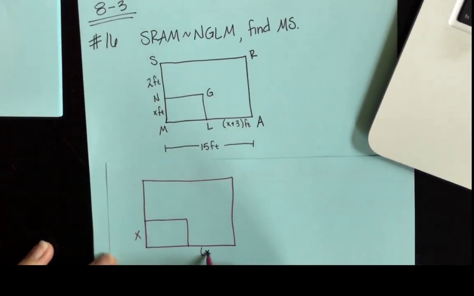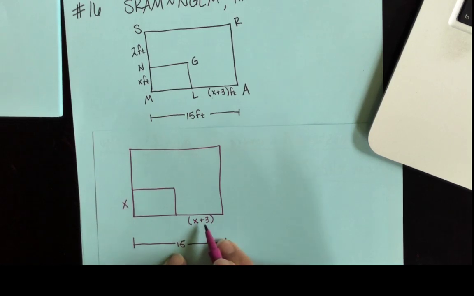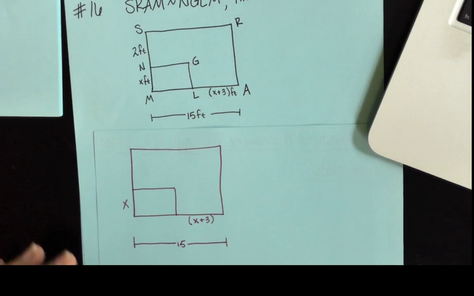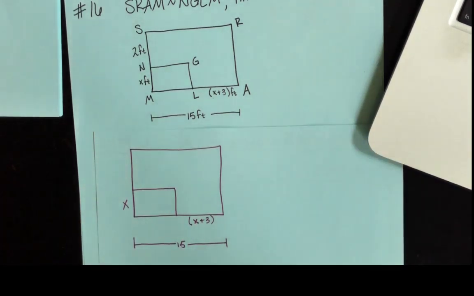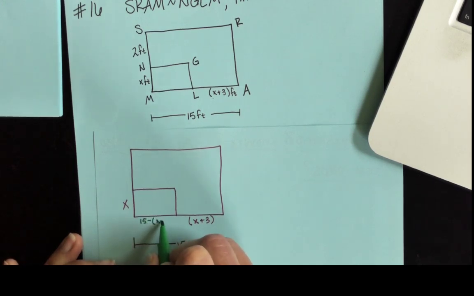But they only give us this part as X plus 3. Well, if this was like 8 or maybe 10, if I knew the whole thing was 15, I'd take 15 minus 10 or 15 minus 8, and I'd know what this piece is. So that means what I'm left with over here is really 15 minus that X plus 3.